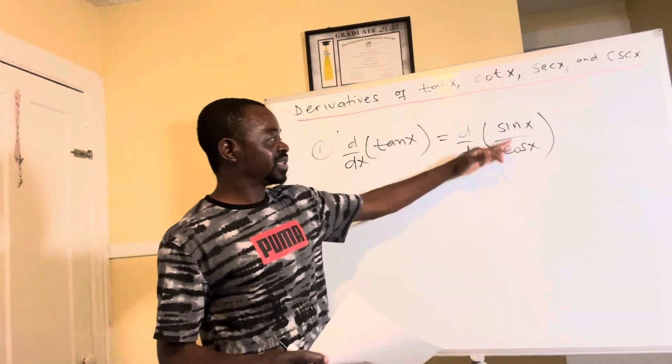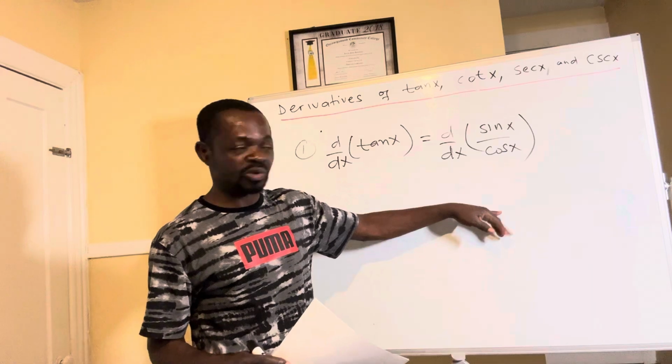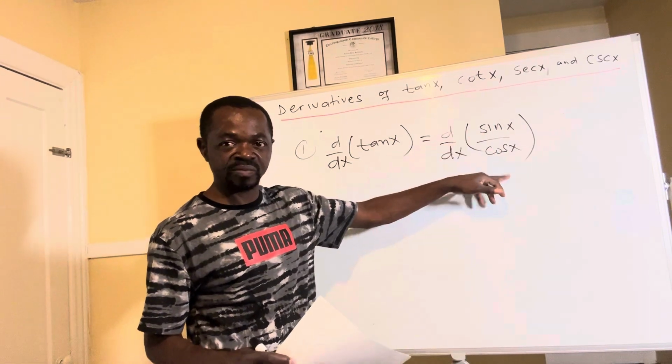With this, we can use the quotient rule because sine of x is divided by cos of x.